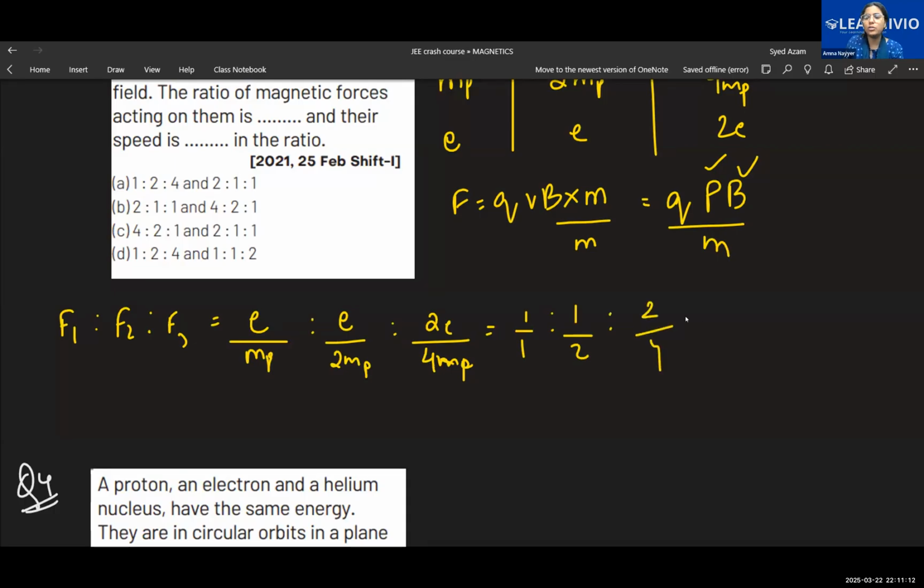You multiply everything with 2, you will get 2 is to 2 is to 1. Or this can also be cancelled. So this part, I think there isn't any other option. First one is force, and this part is correct.